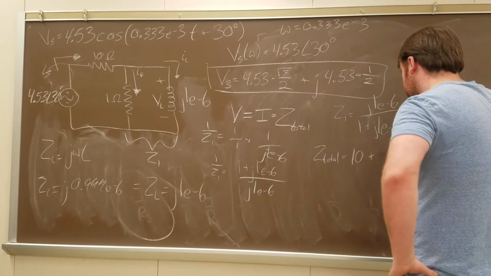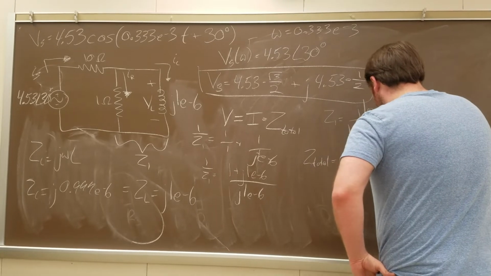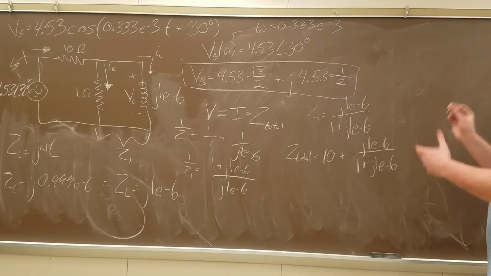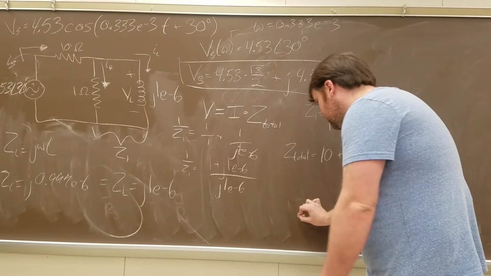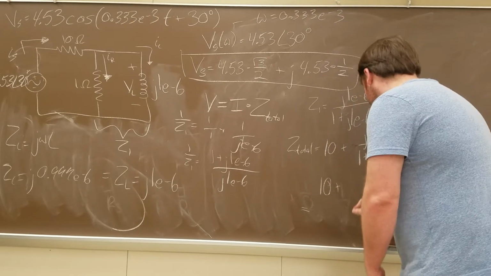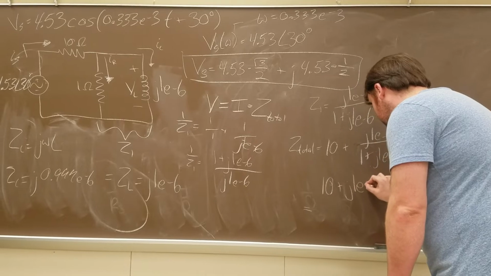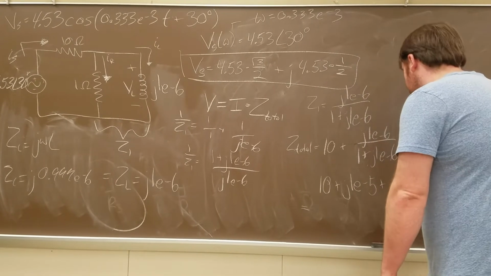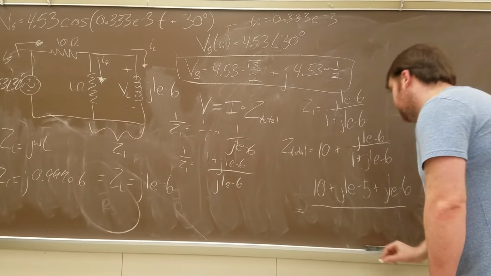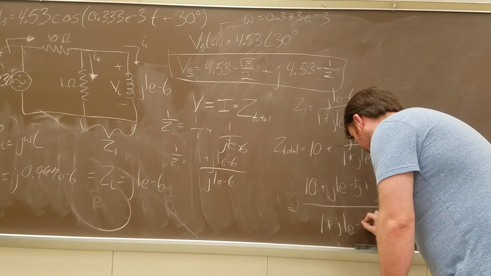10 plus J1E negative 6 over 1 plus J1E negative 6. Get common denominators, so we get 10 plus J times 1E negative 5 plus J1E negative 6 over 1 plus J1E negative 6.